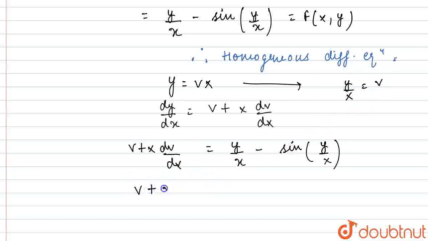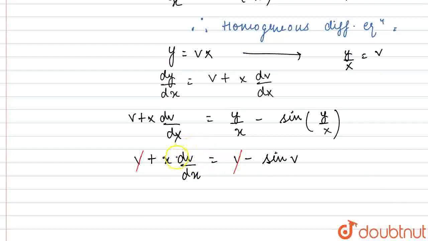So this will become v plus x times dv by dx is equal to v minus sine v. Now what is happening is that this v on the left hand side and right hand side will cancel each other. So we are left with x times dv by dx is equal to minus of sine v.